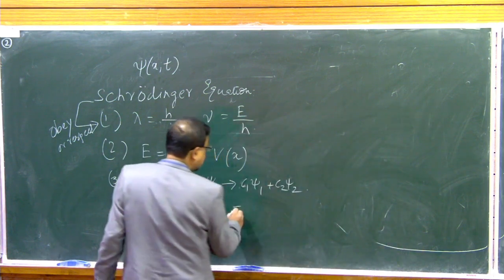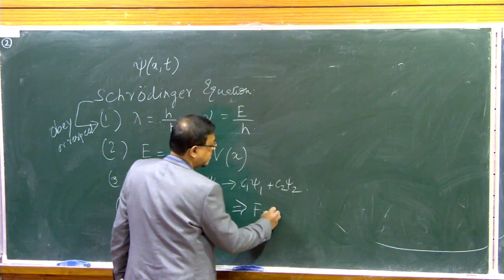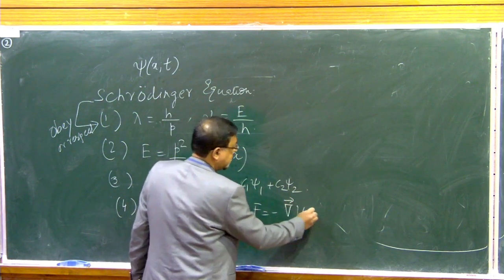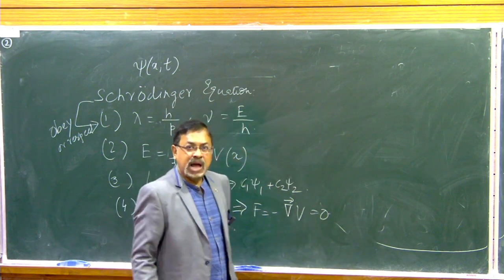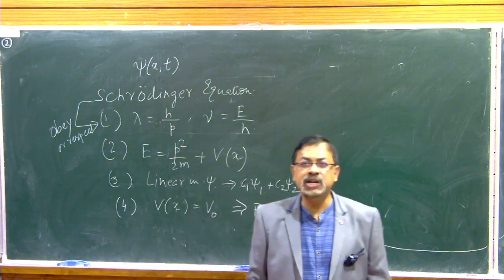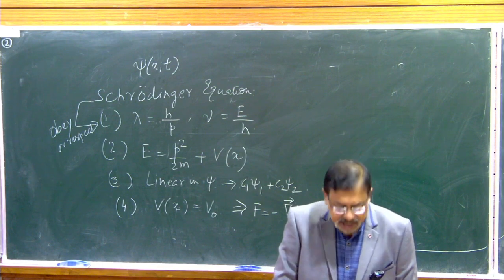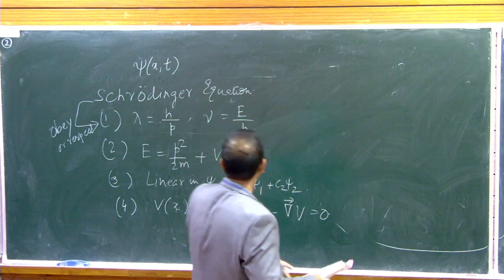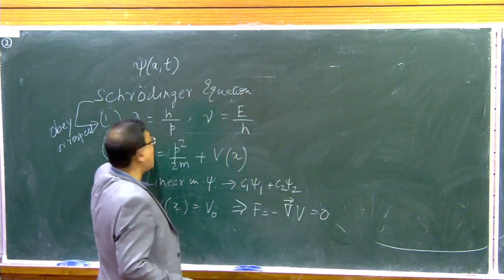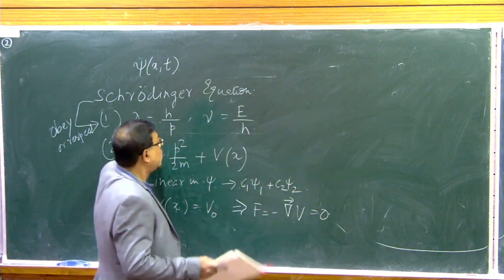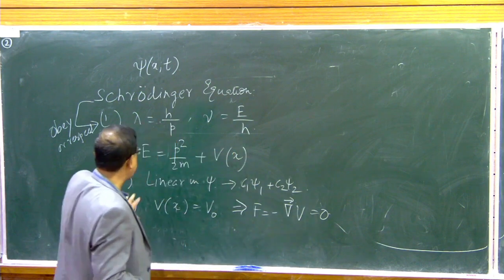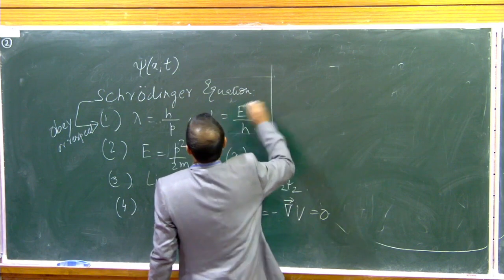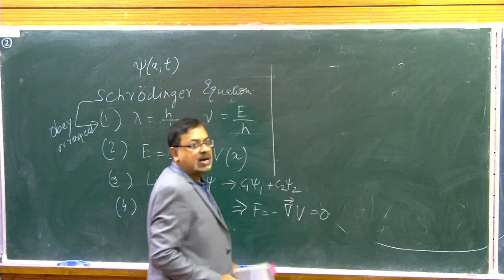So F is equal to minus del V del x, or grad V, and this is equal to 0. And you know what happens when force is equal to 0? The linear momentum is conserved, which means your lambda is constant. Not only momentum, because the energy is conserved, we have both lambda and nu as constants.